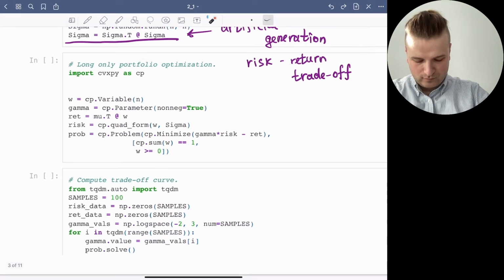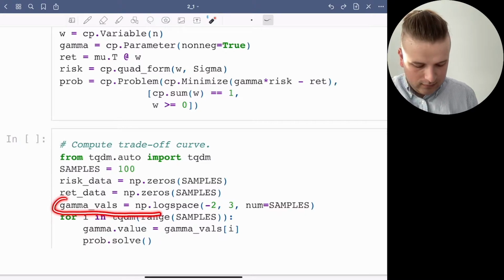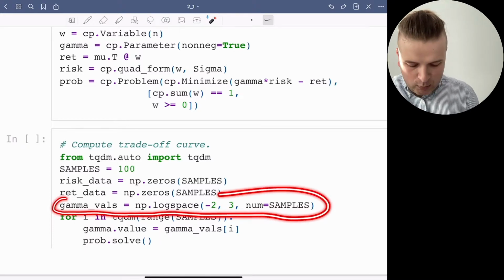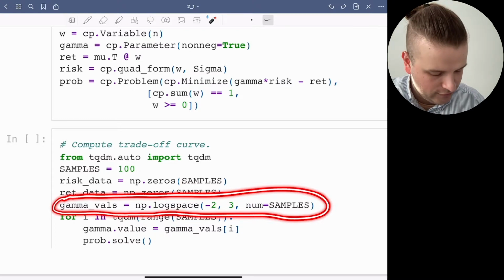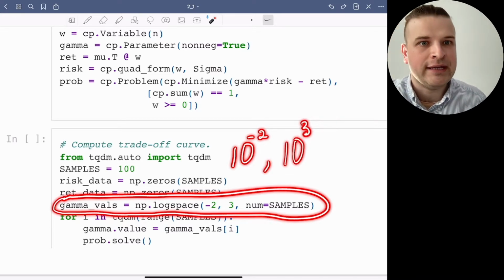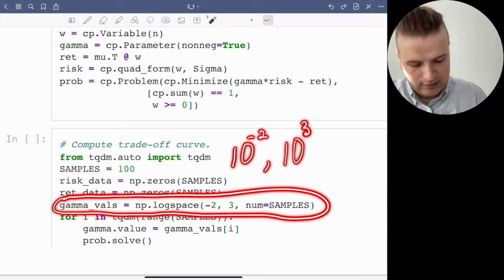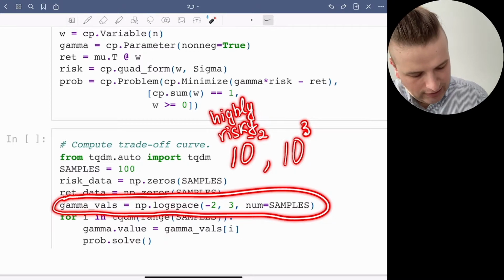Okay, what do we do now? Now we sequence over different gamma values from 10 to the power of minus 2 to 10 to the power of 3, which means a super highly risky strategy on one end, and a super conservative strategy on the other.